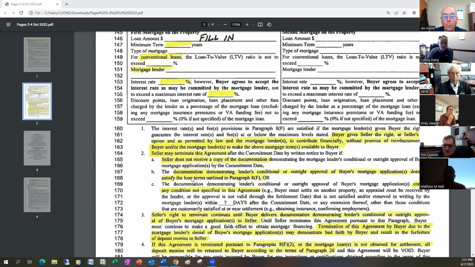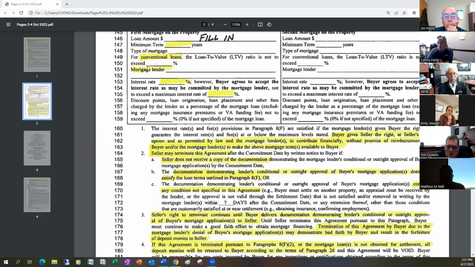Tim? Sorry, I'm trying to unmute myself. I was just saying this paragraph 2B here, number 167. It says the documentation demonstrating lender's conditional or outright approval of buyer's mortgage application does not satisfy the loan terms outlined in paragraph 8F.